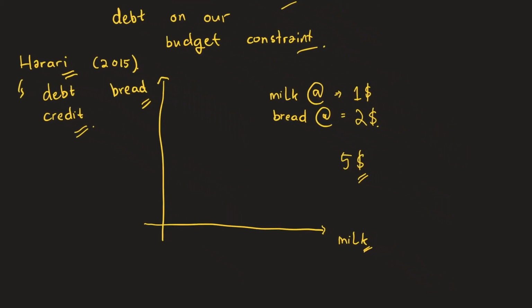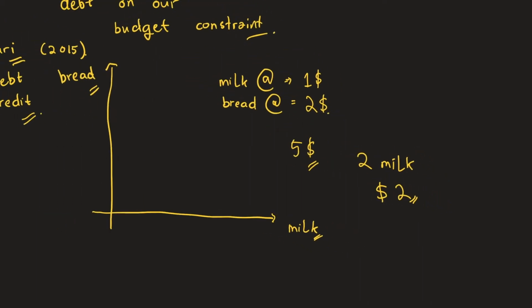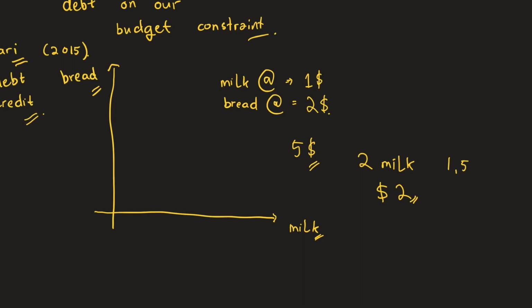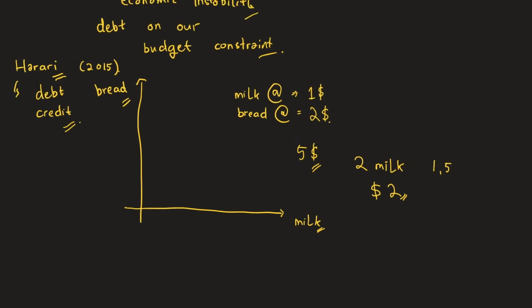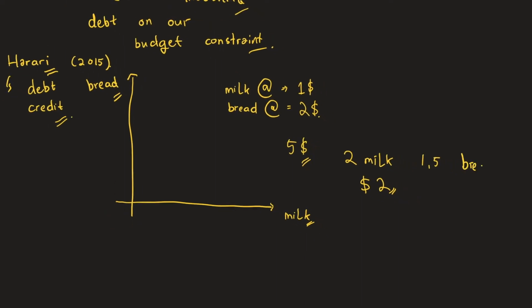What's the combination of the amount? You can buy 2 milk, which costs you $2, and 1.5 bread, which will cost you $3.